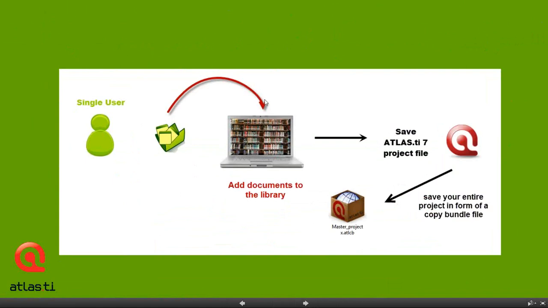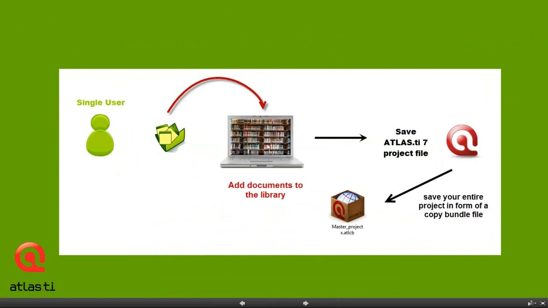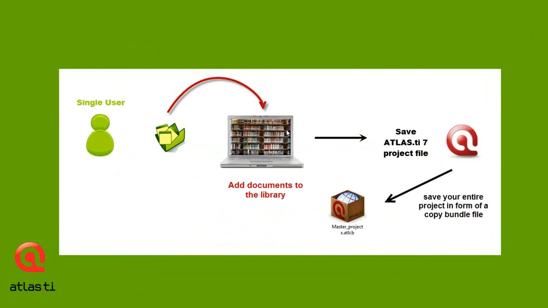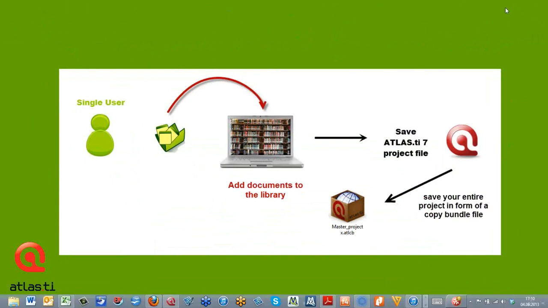So you add documents to a library, and my library for a single user, team library for a team project. What this image shows is basically this library is a folder on your computer. Atlas does create this folder when you install the program, so it's already existing on your computer. And then you start saving your project, and that's going to be saved into an HU file.